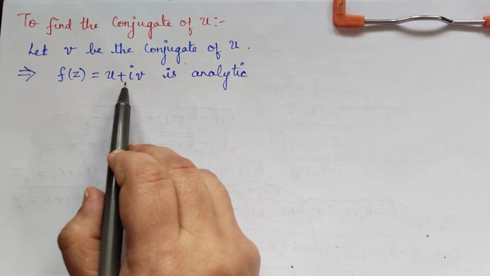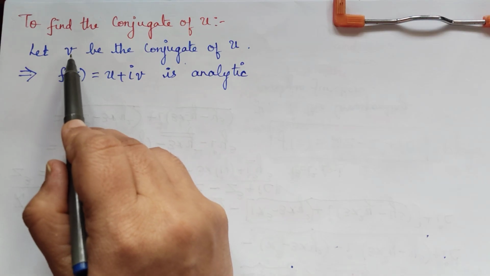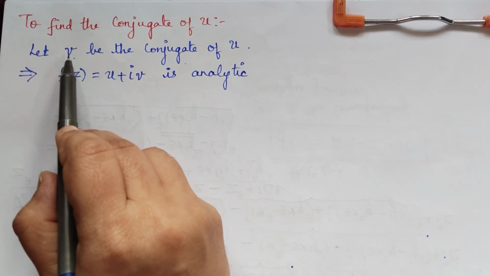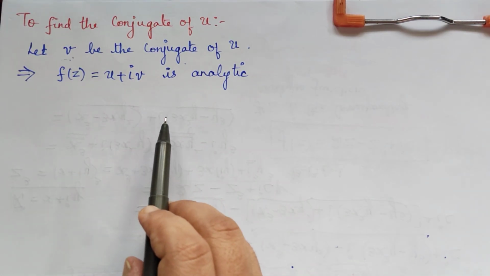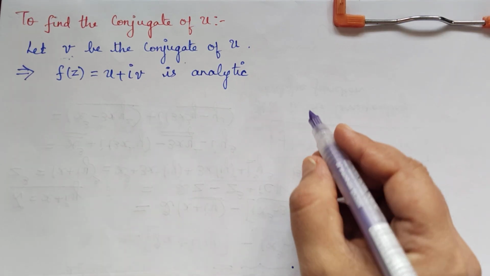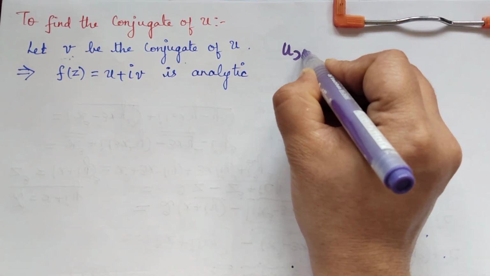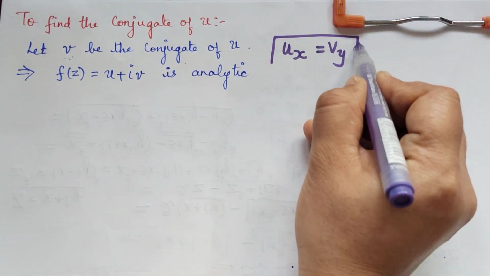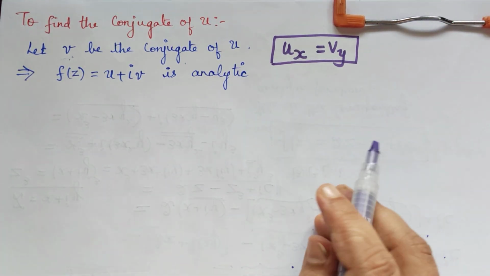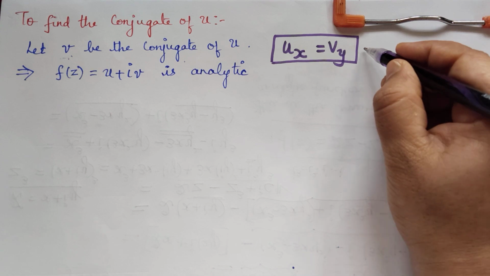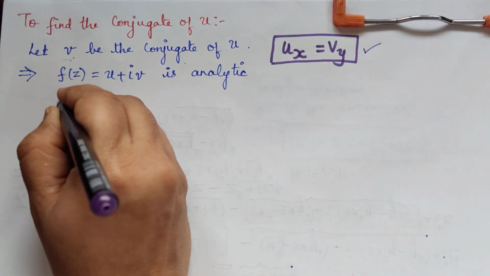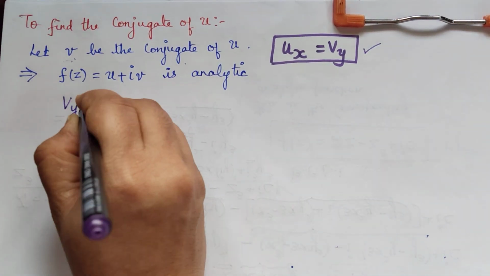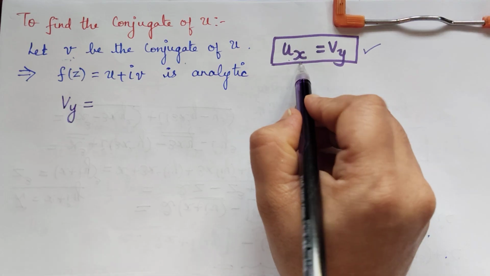Now in order to find the conjugate v, we are going to make use of the first CR equation. So as per the first CR equation, we know that ux is equal to vy. So we are going to make use of this. So now, using this CR equation, we can write vy to be equal to, what is ux?